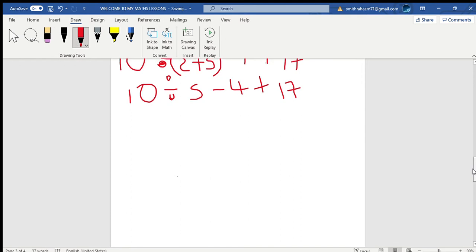Alright, so we're at the second part of this problem. Knowing that the rule says we should divide or multiply first and add or subtract last, we're going to divide the 10 by 5, and we will get 2.